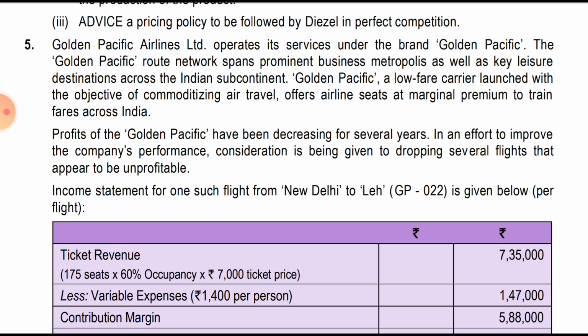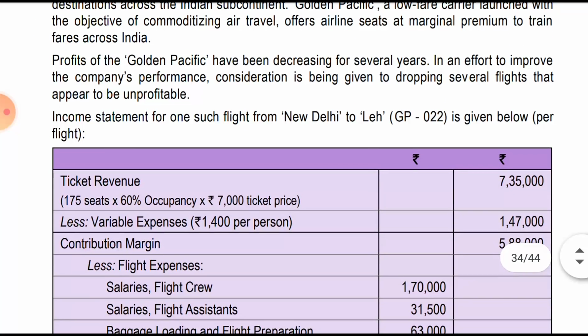In an effort to improve the company's performance, consideration is being given to dropping several flights that appear to be unprofitable. The income statement for the flight from Delhi to Leh, GP0222, is given below.